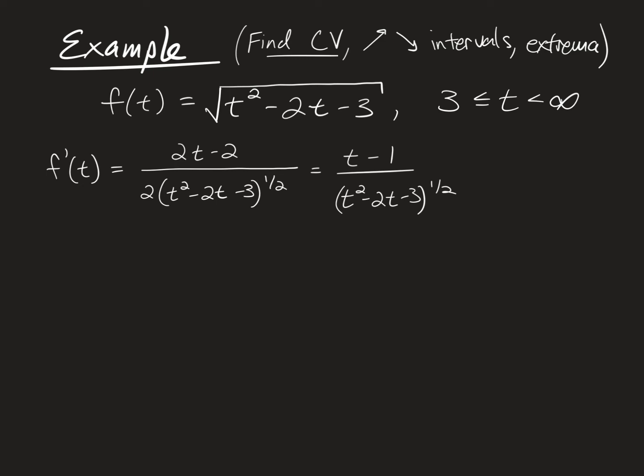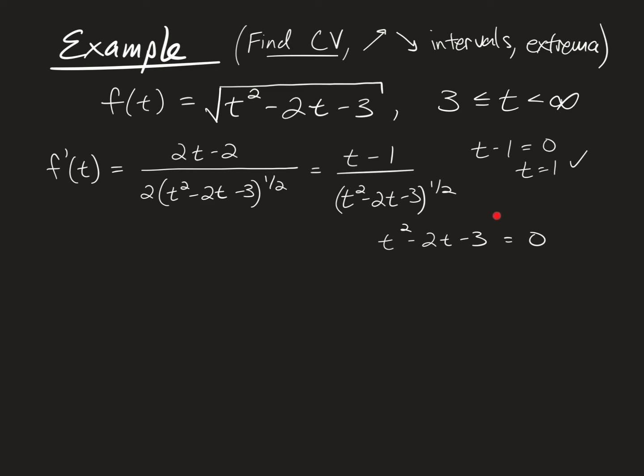All right, that being said, we can find critical values now. From the numerator, we can set t minus 1 equal to 0, t equals 1. Hooray, that one was easy. And we can also set the denominator equal to 0 to find the critical values that make the derivative undefined. So we have t squared minus 2t minus 3 equals 0.